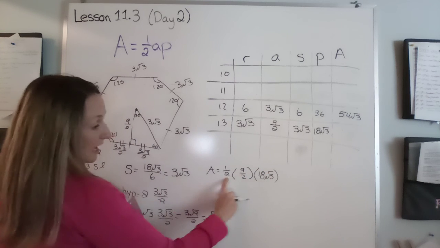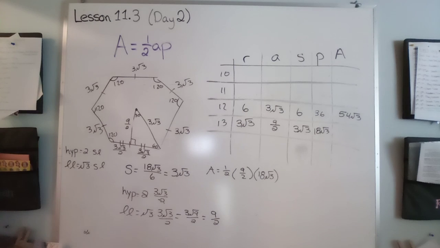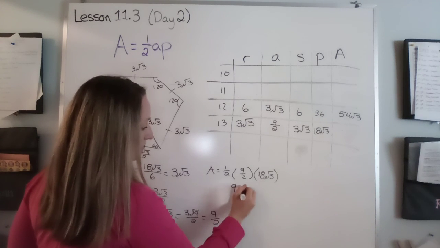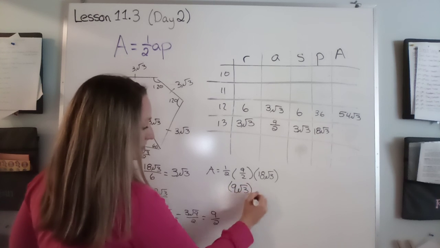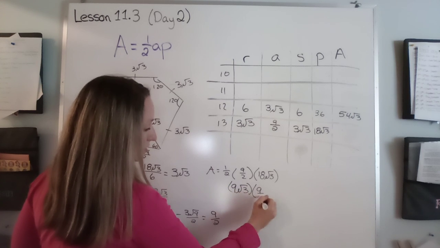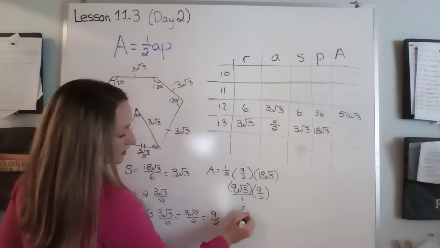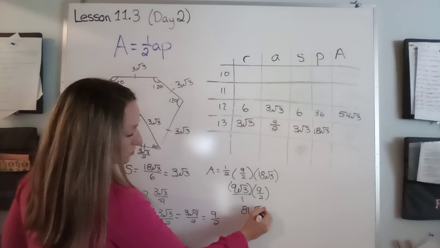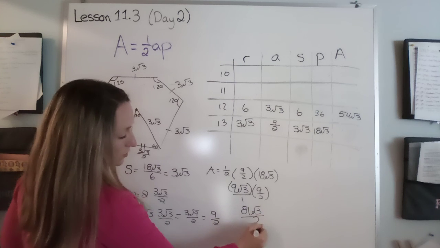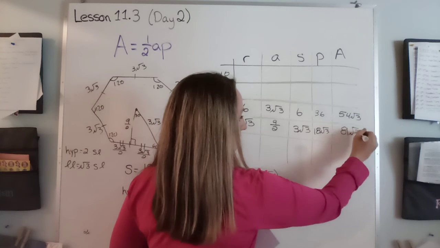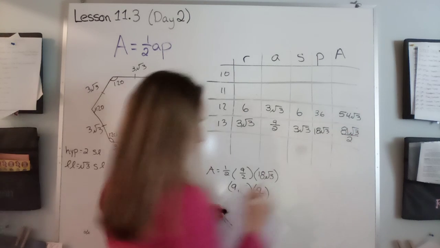Okay, you might want to take half of 18 first just because it goes in evenly. So half of 18 root 3 is 9 root 3. I still have to multiply that by 9 over 2. Multiply your numerators and your denominators, so you get 81 root 3 over 2.